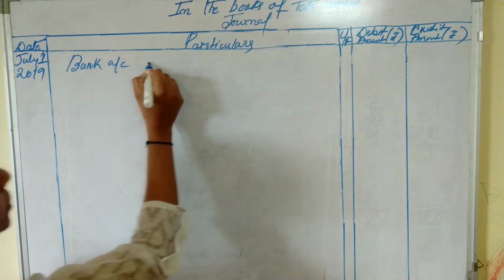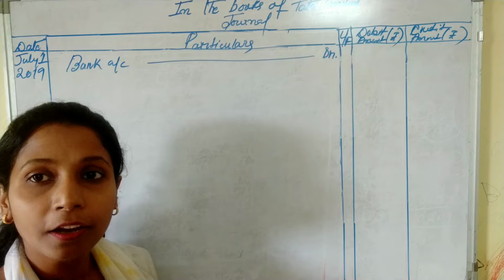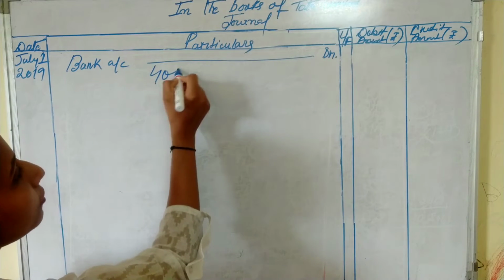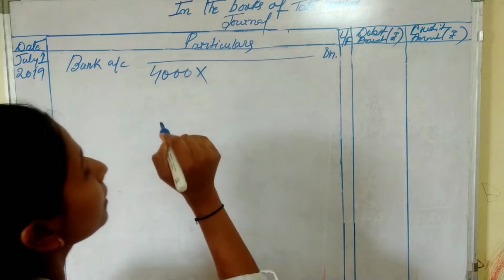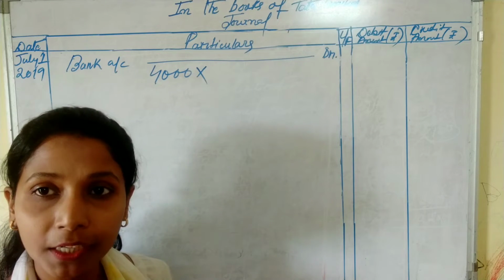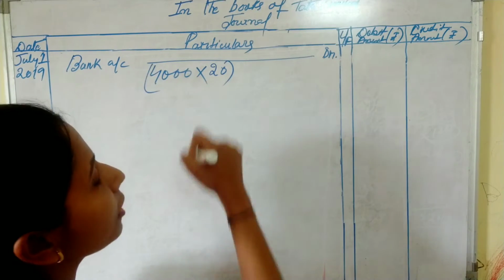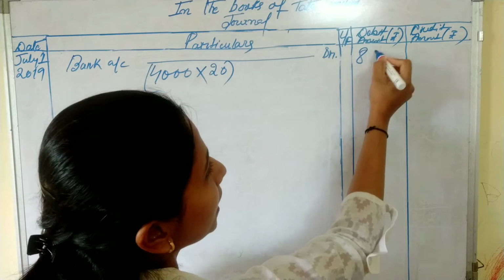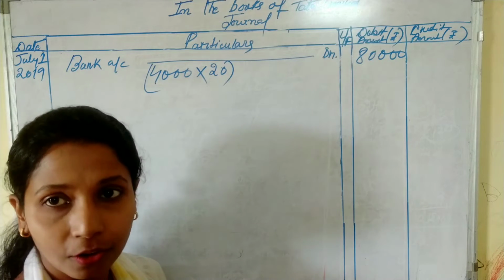Now, what is the number of shares? The number of shares is 4,000, that the public has applied for, and the application money is 20. 4,000 multiplied by 20 is 80,000. Bank account debit 80,000.